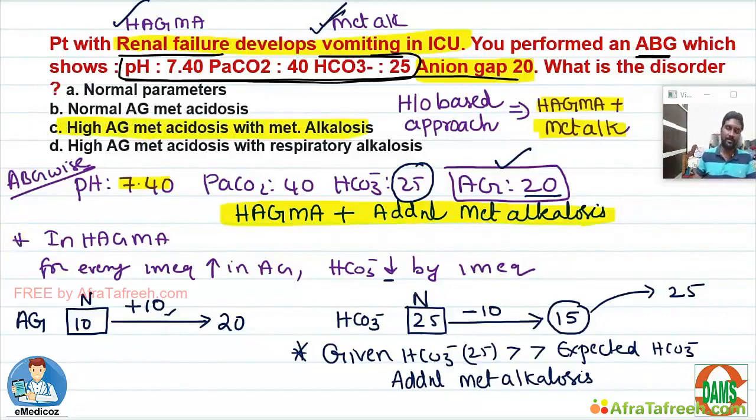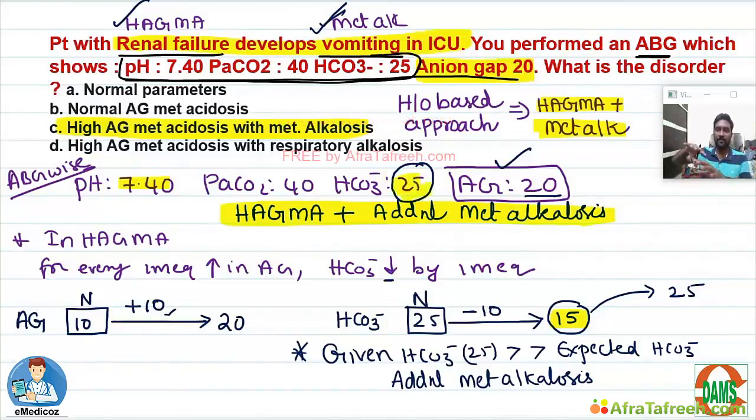So whenever there is a high anion gap metabolic acidosis, always see this relation. Is it a single isolated high anion gap metabolic acidosis? Is there any additional metabolic disorder? So in this case, if it was a single high anion gap metabolic acidosis, bicarbonate should have decreased to 15 and it should have stayed there. But in the question, bicarbonate has increased to 25.